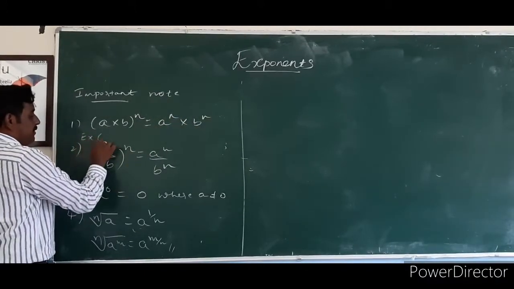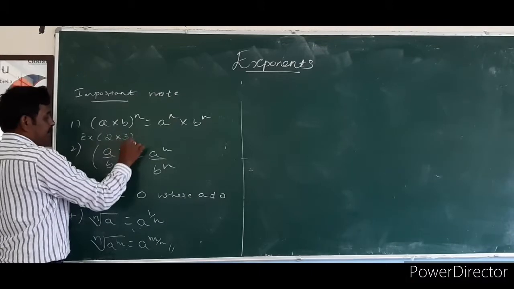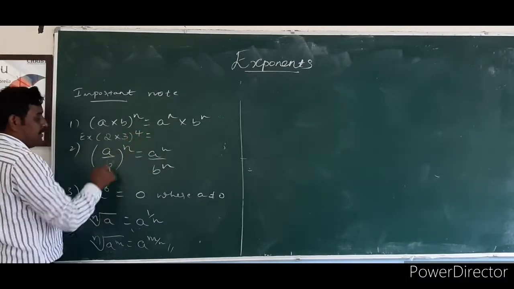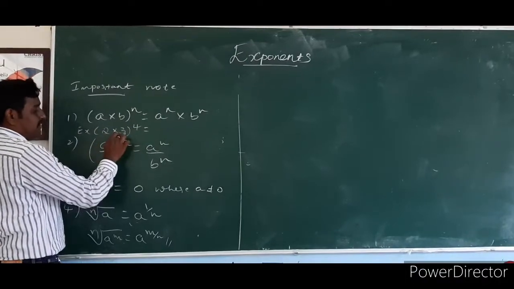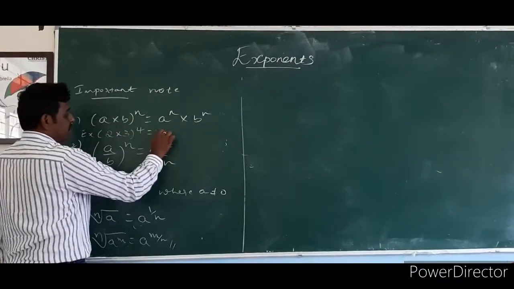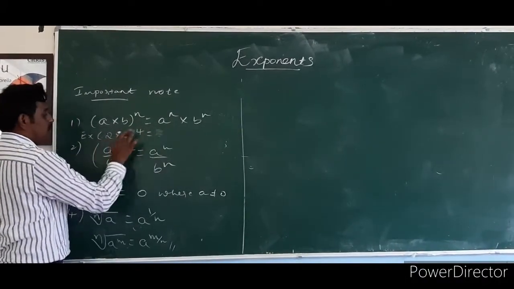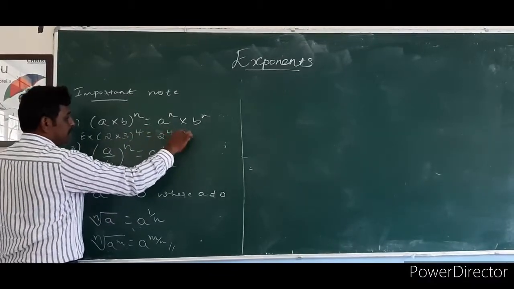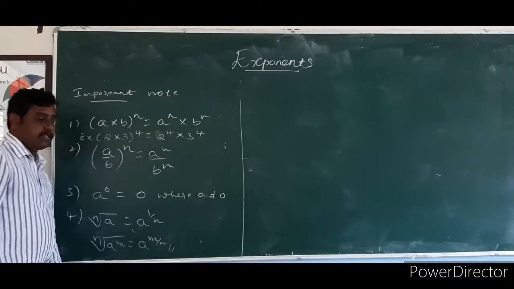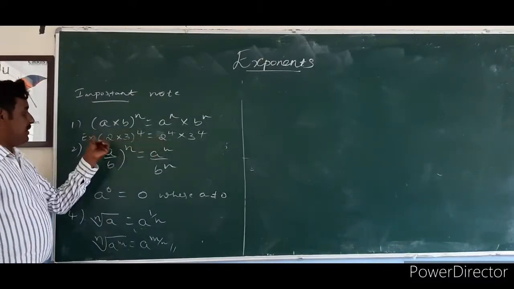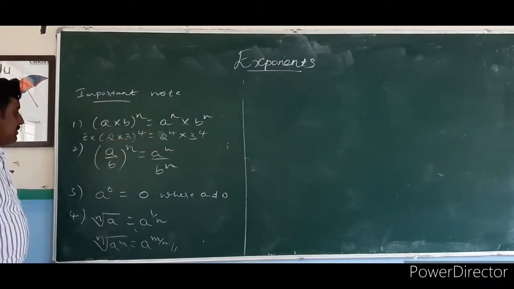For example, 2 into 3 whole to the power of 4. The bases are different, the power is the same. So you can split it as 2 to the power of 4 into 3 to the power of 4. That power is applied to both the bases.